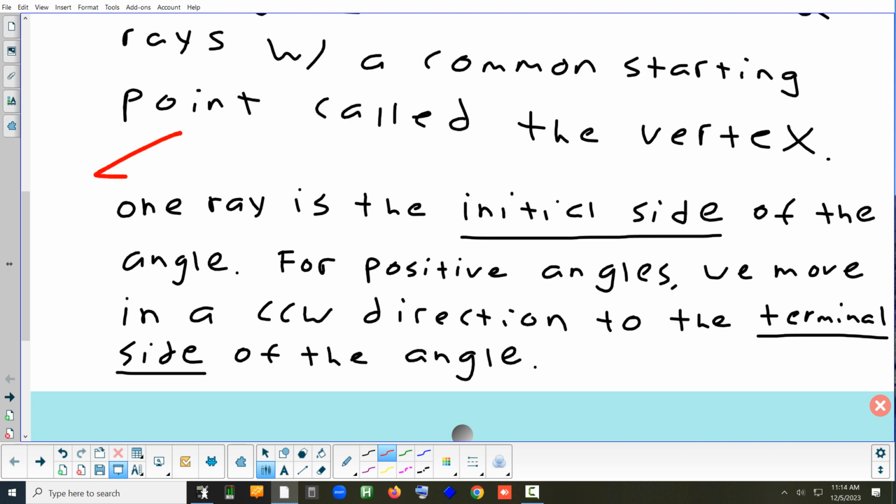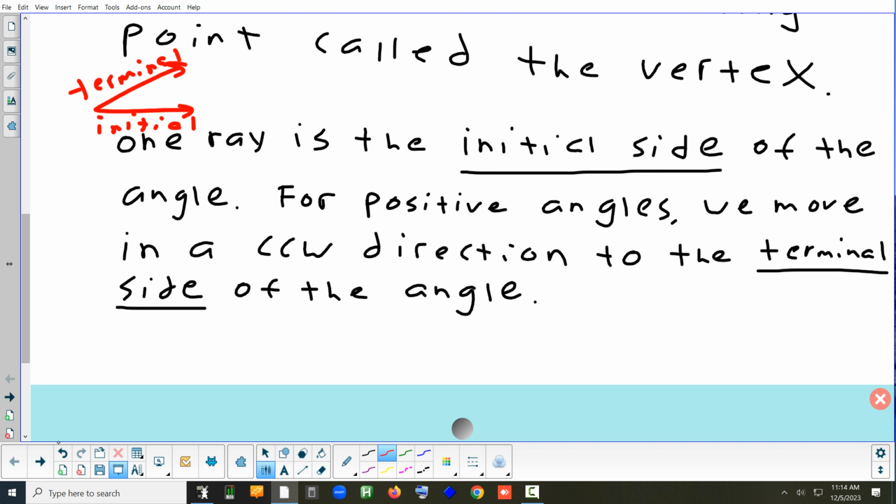If you draw an angle like this, that's the initial, that's the terminal. Basically, put yourself inside the angle and then rotate counterclockwise. Whatever side you would start at, that's the initial, and as you rotate counterclockwise, where you end would be the terminal.